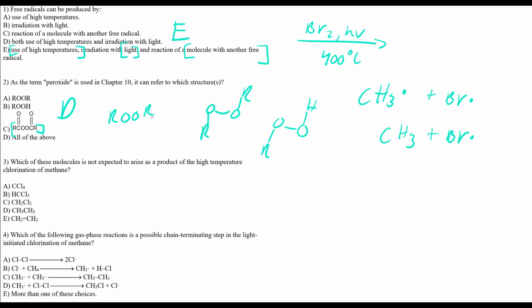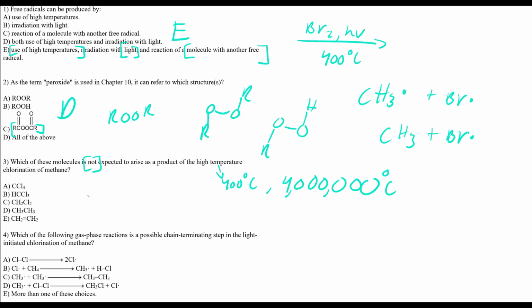That's all, nothing fancy. Which of the molecules is not expected to arise as a product for a high temperature? So whenever I see high temperature, I'm thinking like 400 degrees Celsius, or it could be like 4 million degrees, to be silly. 4 million degrees Celsius.